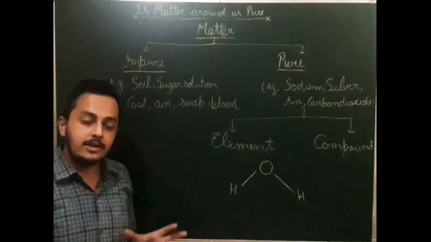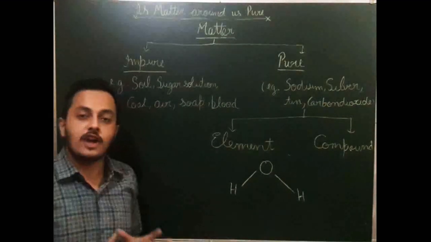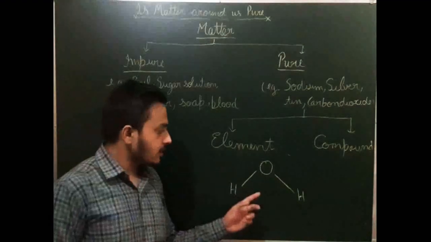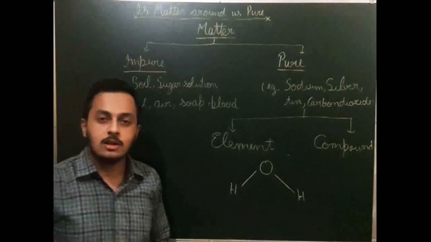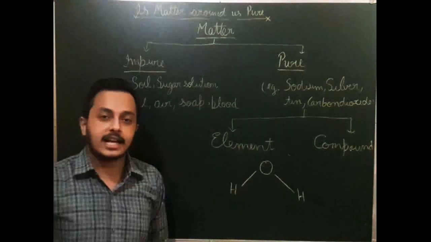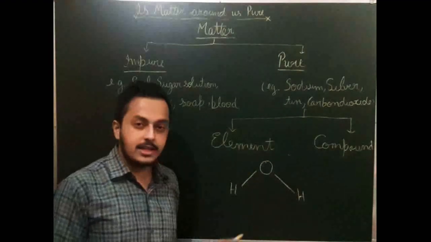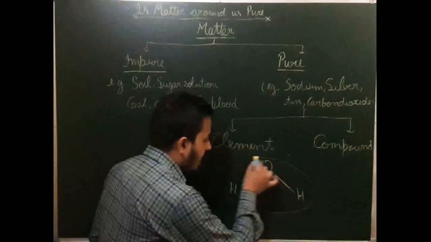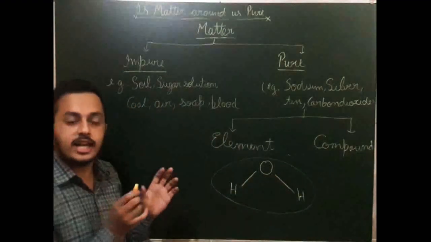When they are combined together, they combine in such a fashion that you cannot separate them in a physical manner. You cannot separate this oxygen and hydrogen by filtration or evaporation or any other physical technique. They exist as one identity, as one entity.